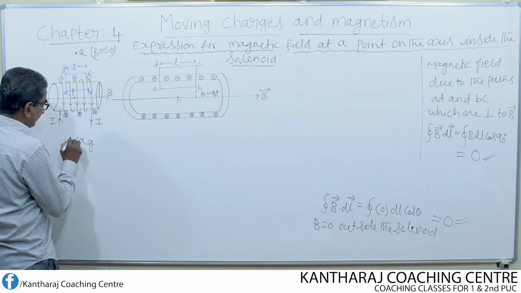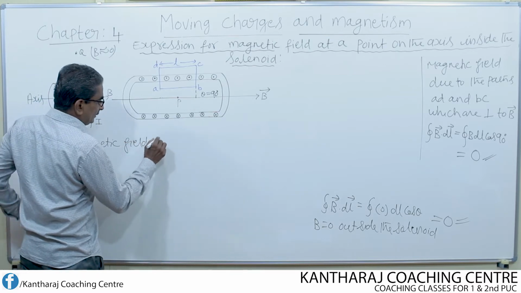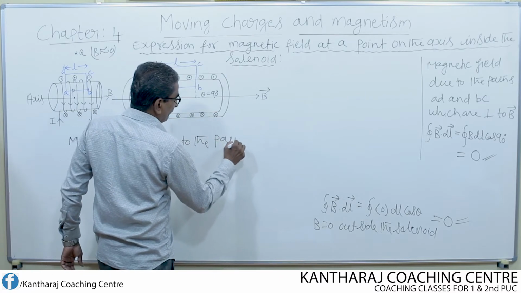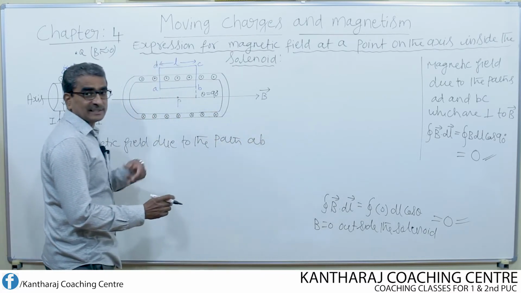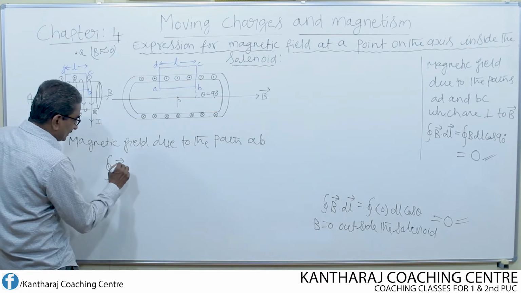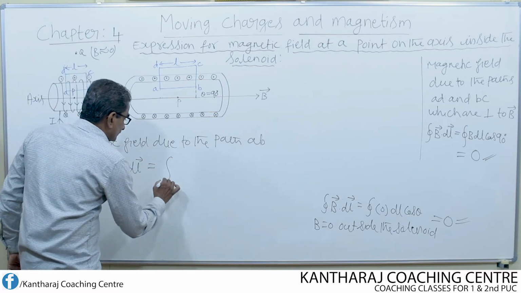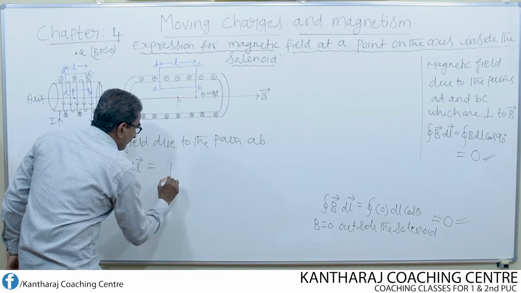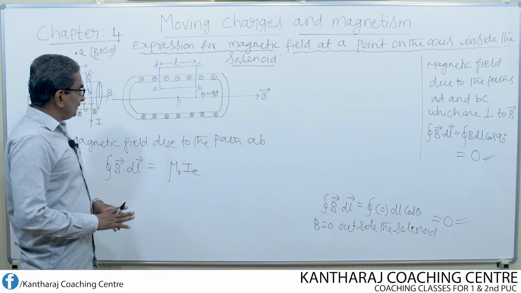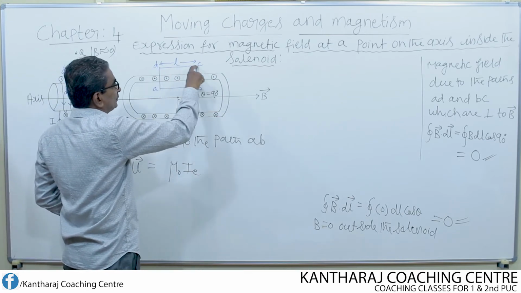Magnetic field due to the path AB inside the solenoid, according to Ampere's circuital law, is nothing but B dot dl, which is equal to mu naught times the total current enclosed. We know that the field became 0 due to this path and also due to these two paths.